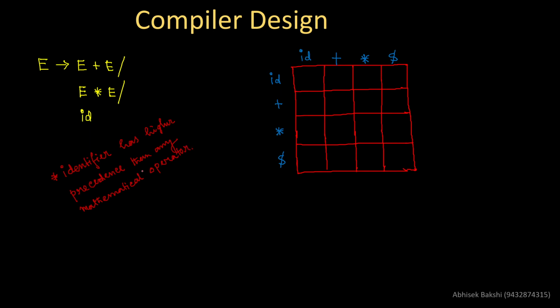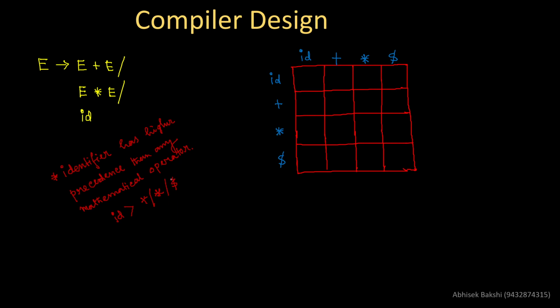Okay, this is point number one. That means the precedence of ID is greater than plus, star, even dollar.